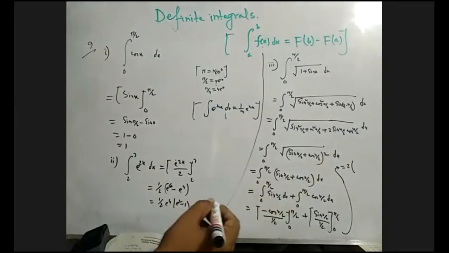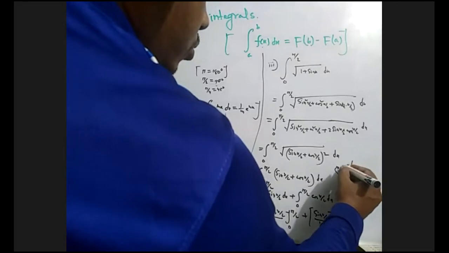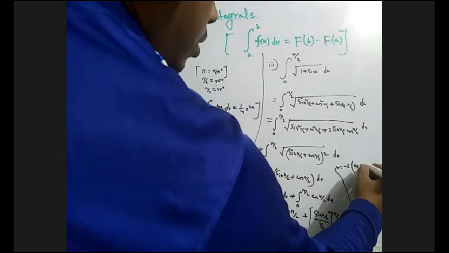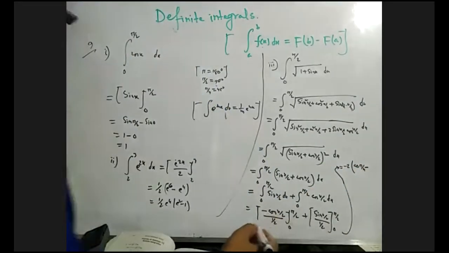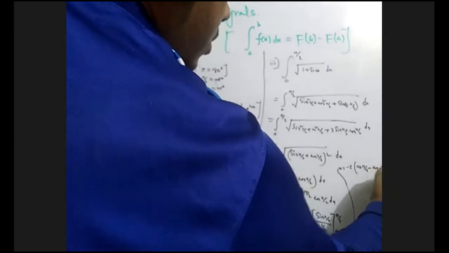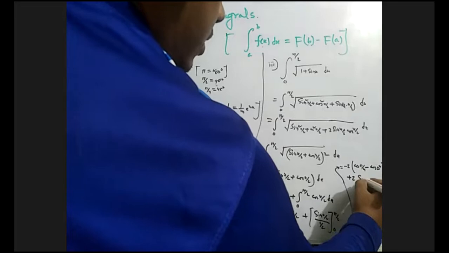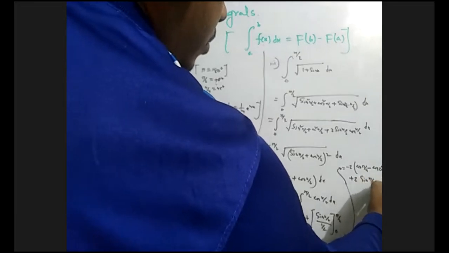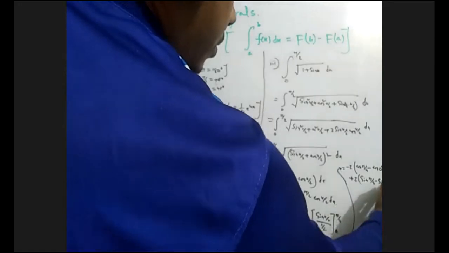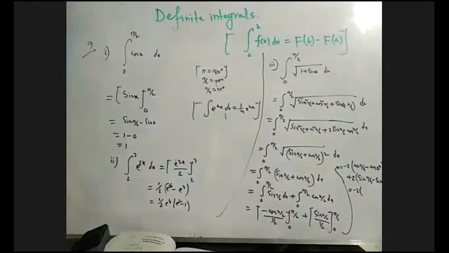Here it will be minus 2 cos pi by 4, minus putting cos 0, plus 2 sin pi by 4 minus sin 0. So we get minus 2 cos 45 degree.